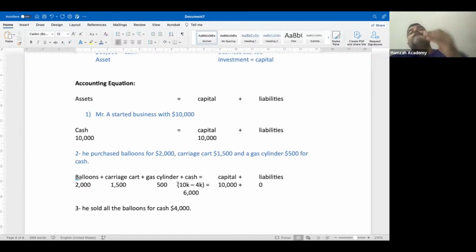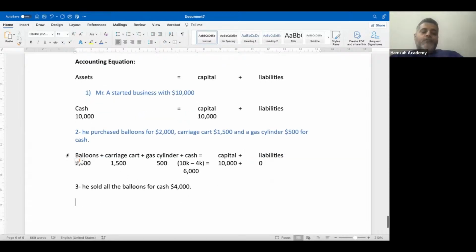Now we have a third effect as well: the 2,000 balloons sold for 4,000 give a profit element. As far as the duality concept is concerned, every transaction will have at least two outcomes, not a maximum of two. There can be more than two, like the third one here, which is the profit.